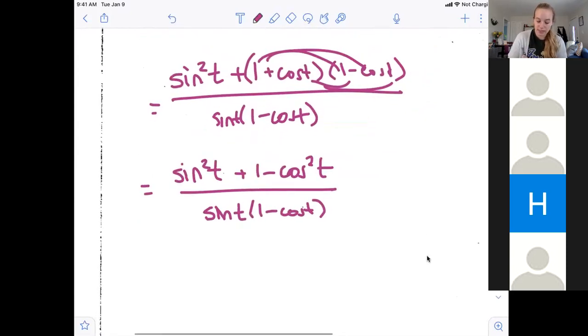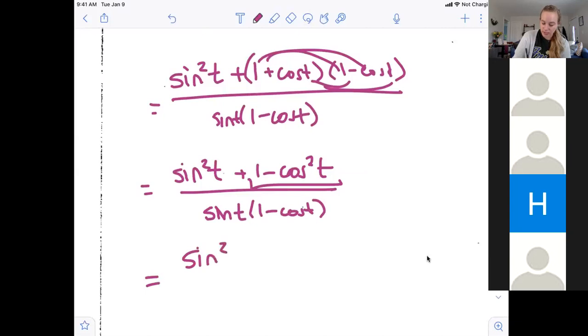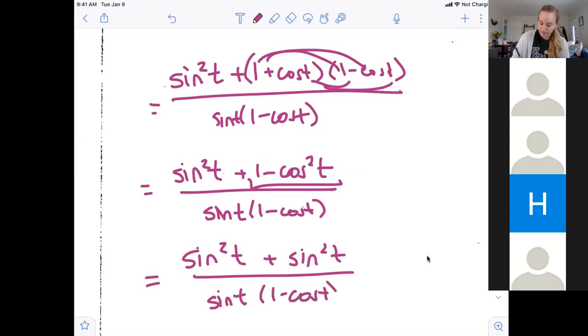Now we can replace this as sine squared. That's one of your Pythagorean identities. 1 minus cosine squared t is the same thing as sine squared t. So I can make this sine squared t plus sine squared t on top, over sine t times 1 minus cos t.